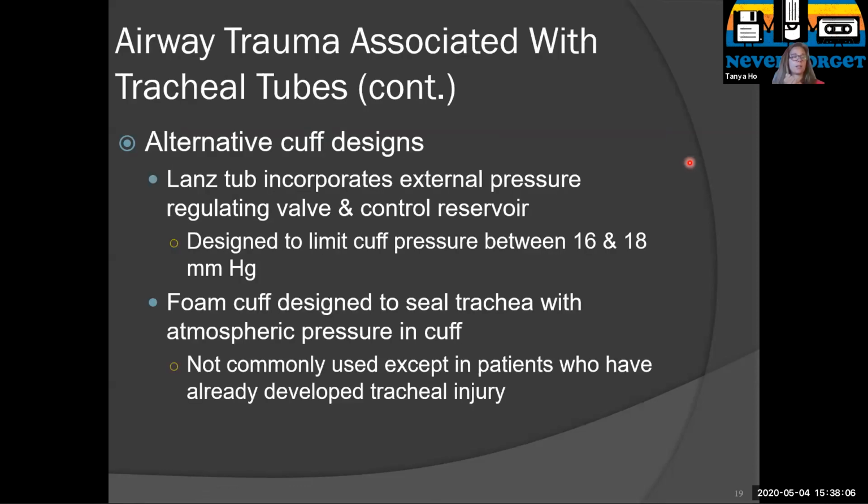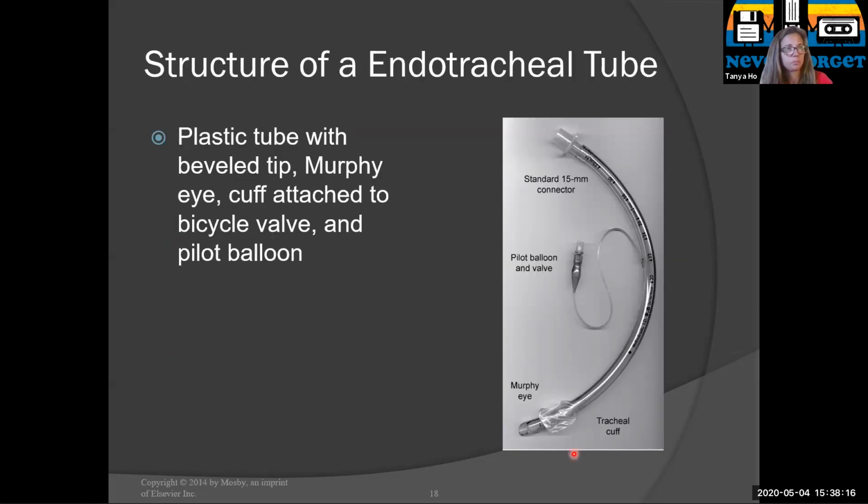Okay, so different cuff designs, alternative cuff designs. Normally our cuffs are a high volume, low pressure cuff. What that means is once this cuff gets inflated, it'll go out almost in a rectangular shape. And I think I've talked about this in regards to tracheostomy tubes. What that does is it distributes the pressure over a greater surface area so that there's not one particular pressure point on the tracheal wall, which can lead to a lot of tracheal damage.